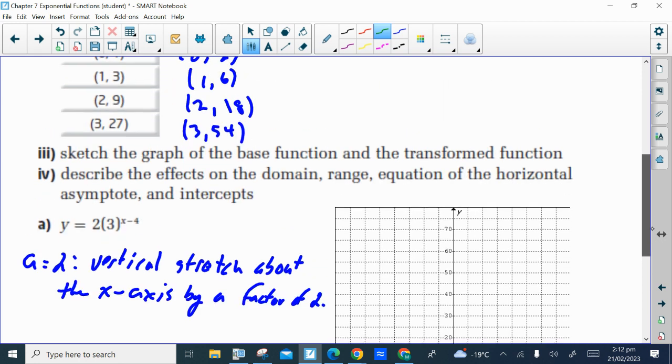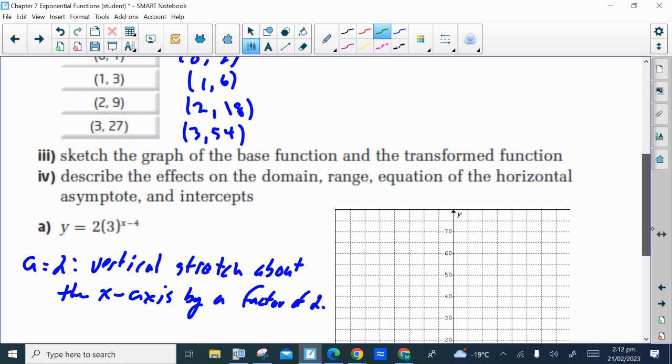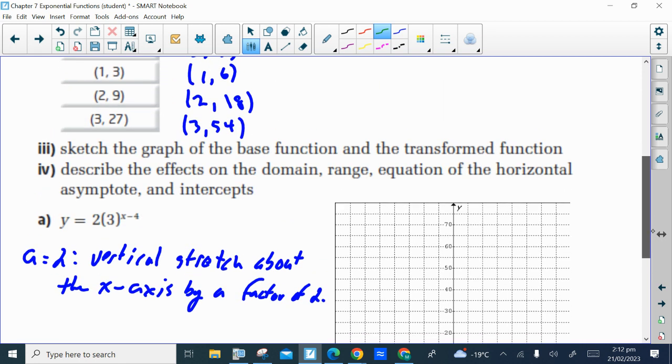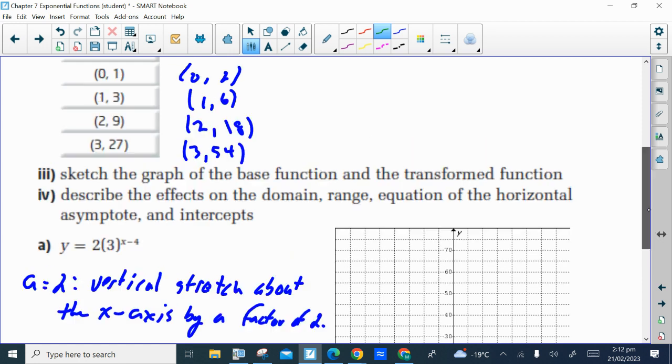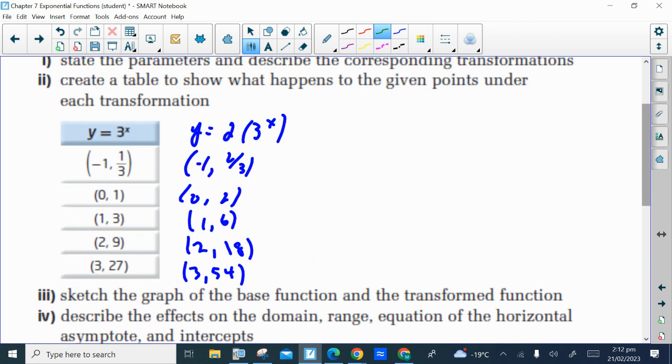Then we have the fact that x is replaced with x minus 4. Remember that it's the h value that's hooked together to the x with a plus or a minus, and the value of h is the opposite of what it appears to be. So this will be an h value of positive 4. This will shift the graph 4 units to the right.